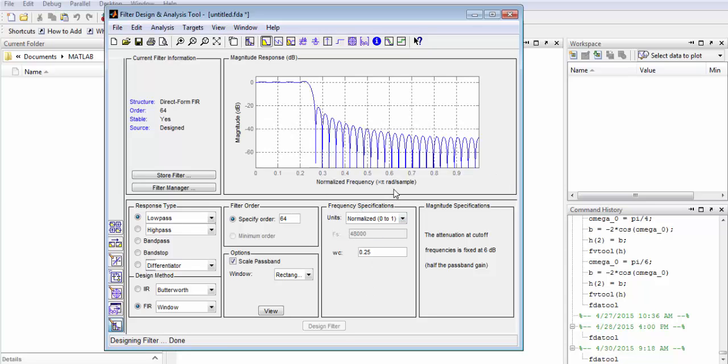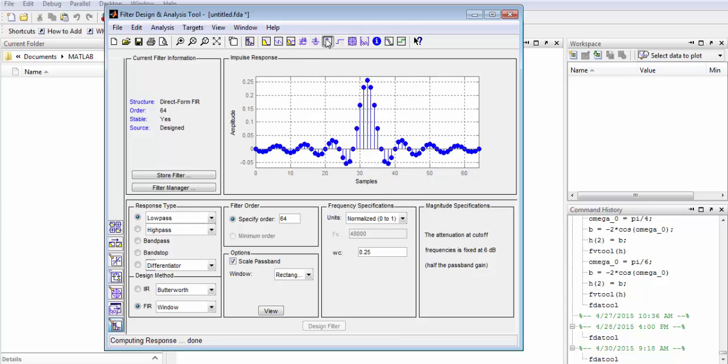And this is the magnitude response you get. Of course, you see that this is not that perfect, the ideal magnitude response that you want, and it is because you approximated that infinite length filter with a length 65 filter.